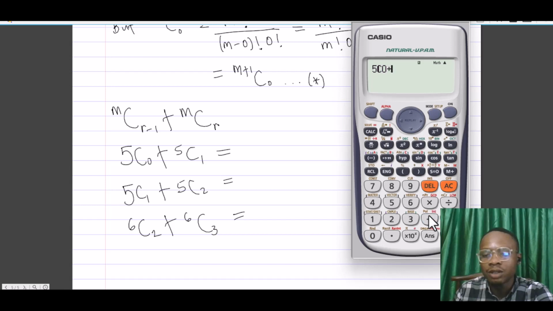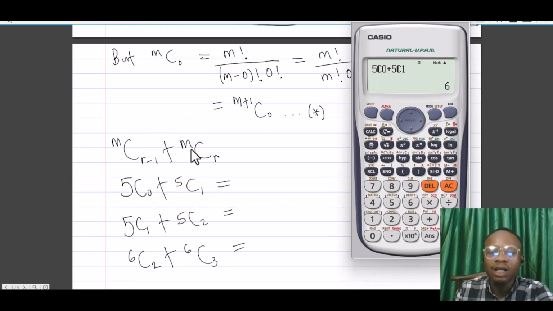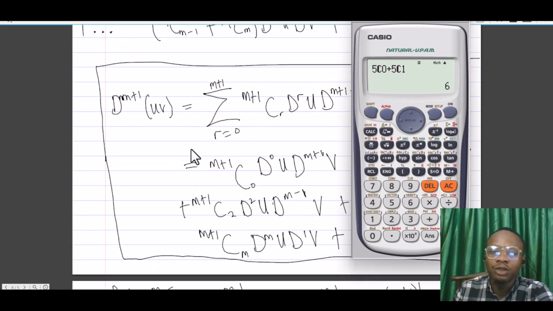Then plus 5 combination 1, that is 5, and this is equal to 6. So you can see that this is giving us 6. And if we observe, look at what we're trying to drive at now.